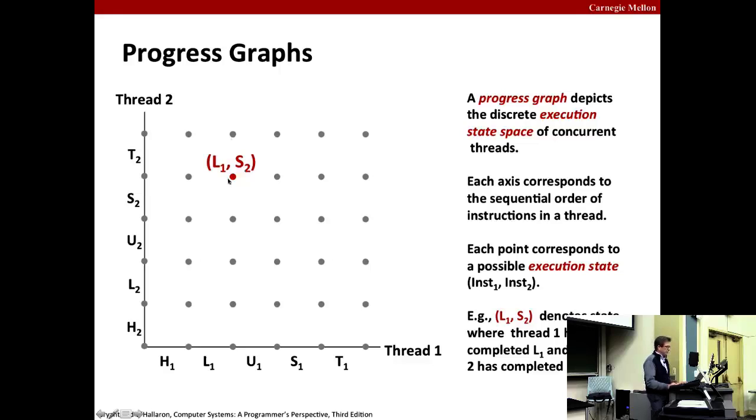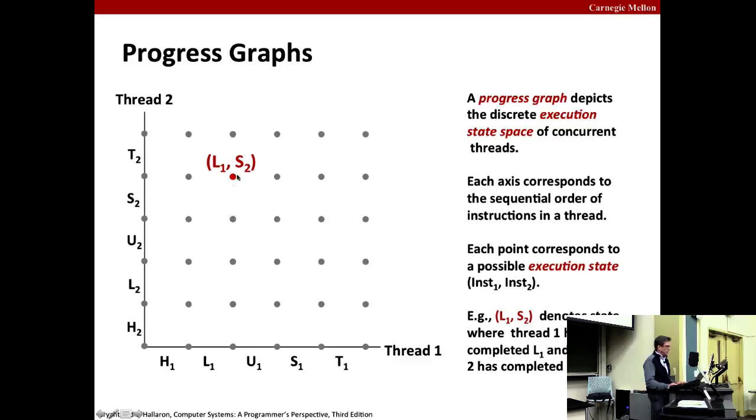Now, the execution of a program is modeled as a transition from one state to the other, and there are constraints on how these states can advance. From this state, L1, S2, obviously time can't go backwards, so we can't go to the left, and we can't go down.